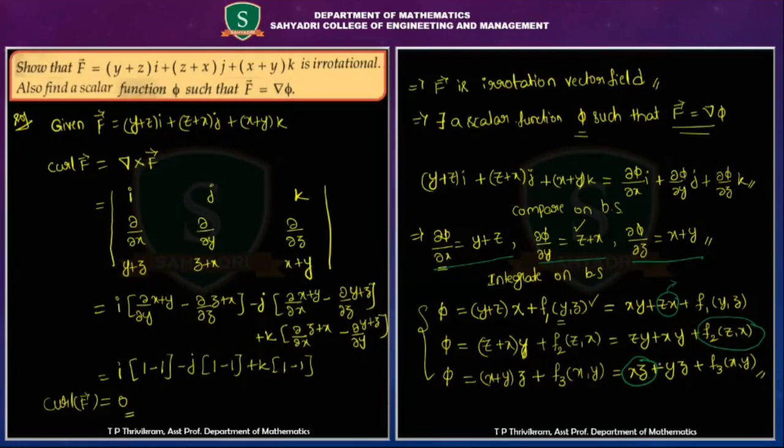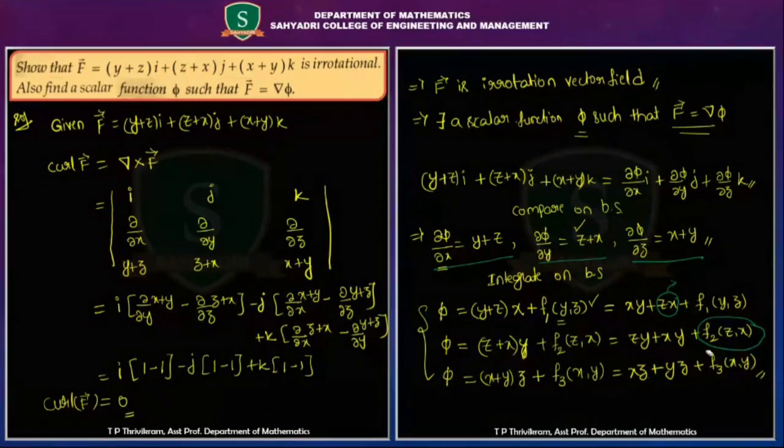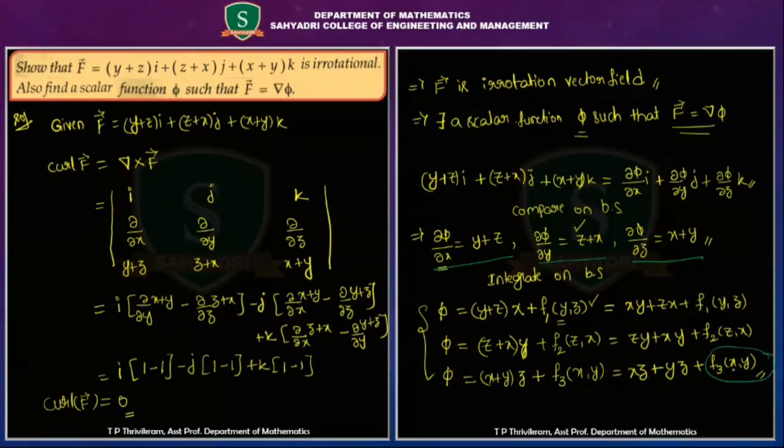Next, f3. How will you find f3? In the remaining two equations, you have to search for terms in x and y only. Here xy is there, here also xy is there. If both are the same, leave it, only take it once.